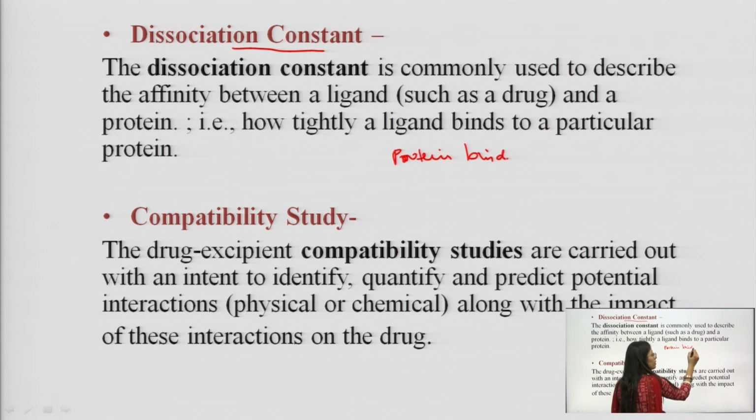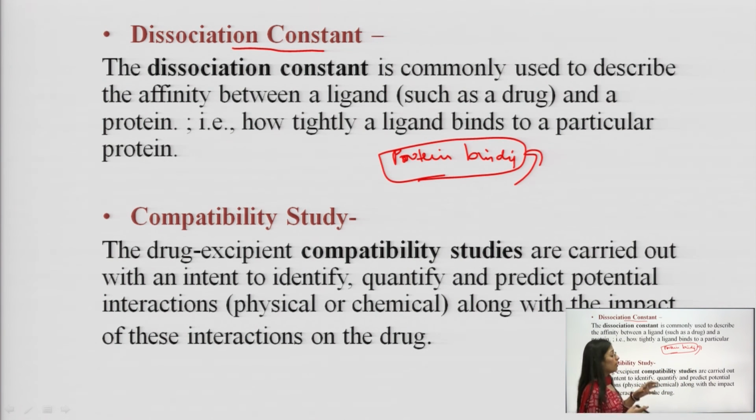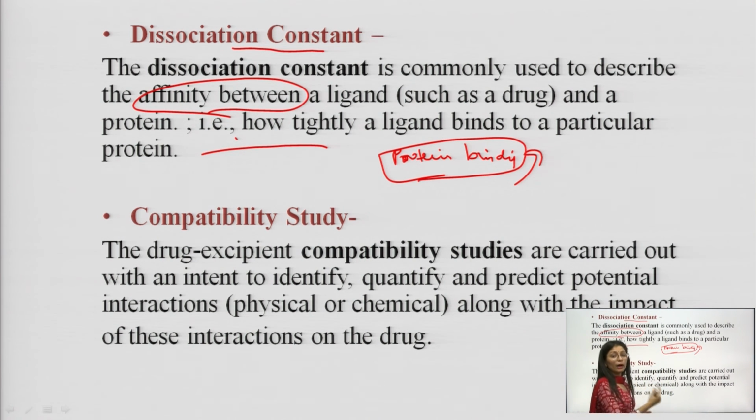So when the drug binds to a particular protein site, how much affinity they have depends upon the dissociation constant. Affinity means how strong their bond is. Basically, how tightly the drug and the protein are bound to each other. This is called the dissociation constant.